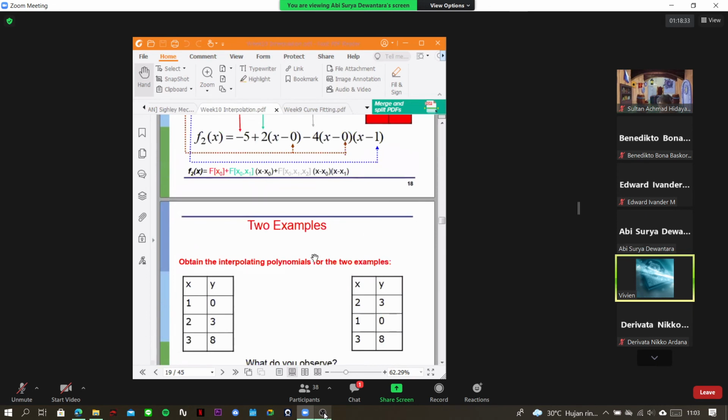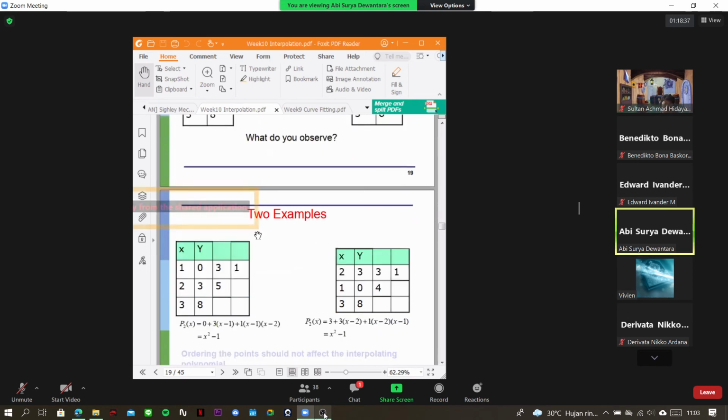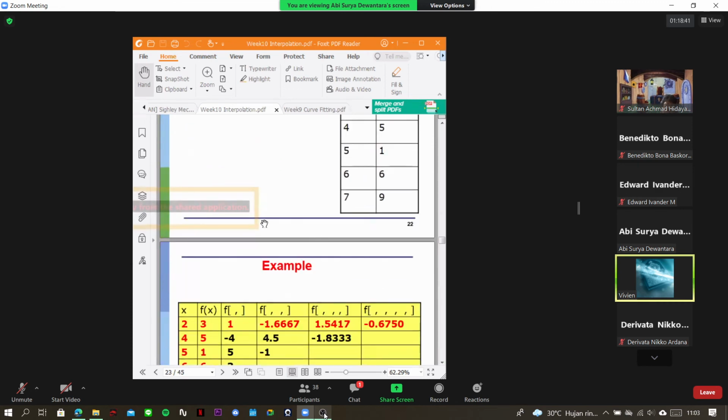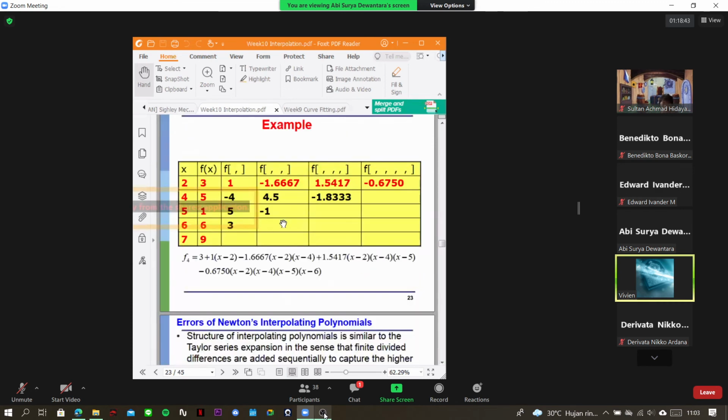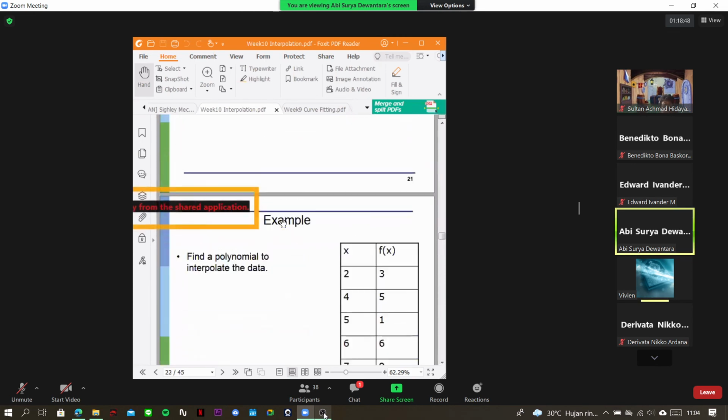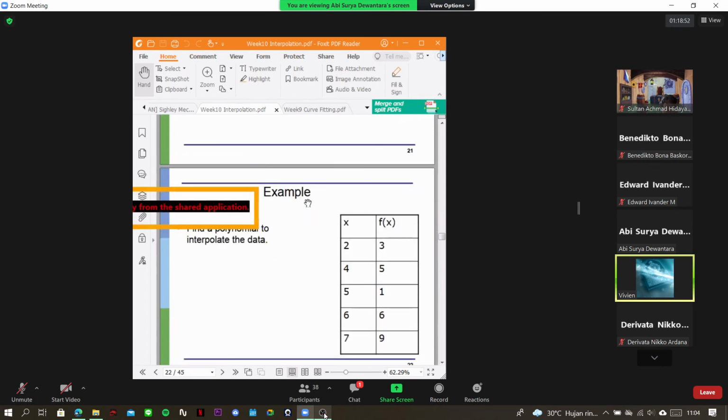Again at the bottom, we don't have that. The two examples, ma'am, or this one? Is there any after this one? No, ma'am, it's directly only this one. Okay. Can you help by opening the book? Do you have the book? Can you open it?